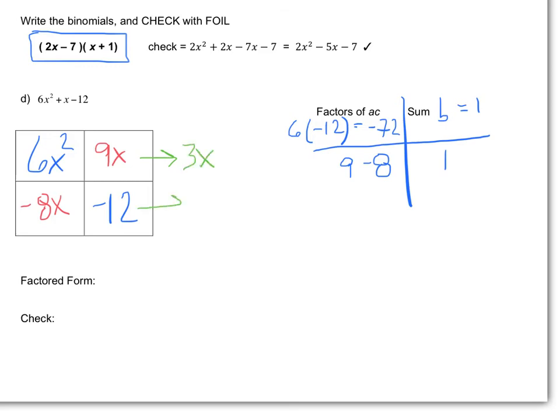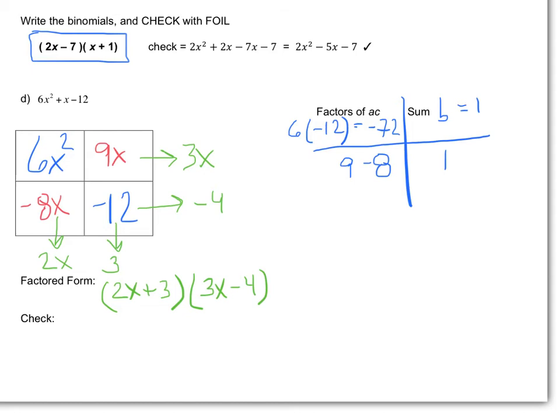Negative 8x and a negative 12, a negative 4 in both. 6x squared and a negative 8x is 2x, and a 9x and a negative 12 is a 3. So that means we believe the answer is 2x plus 3 and 3x minus 4.